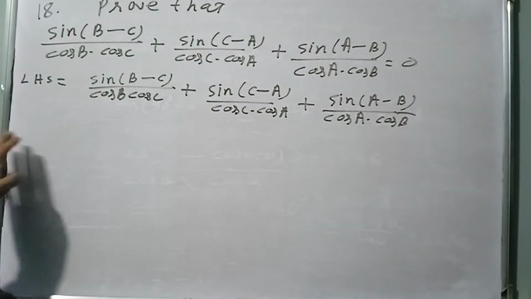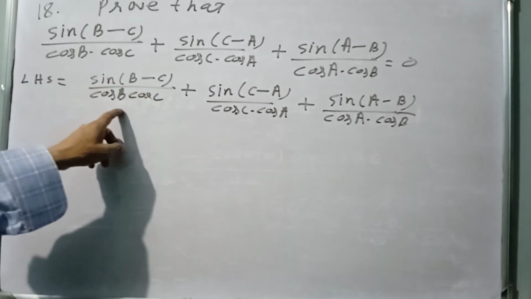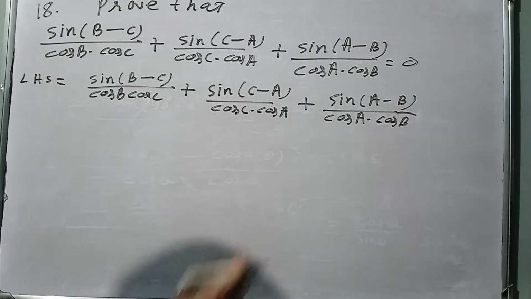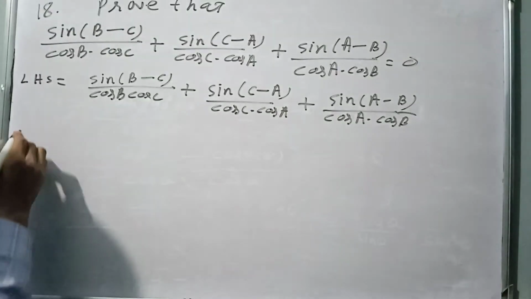See, left hand side: sin(B minus C) upon cos B cos C plus sin(C minus A) upon cos C cos A plus sin(A minus B) upon cos A cos B. What to do?